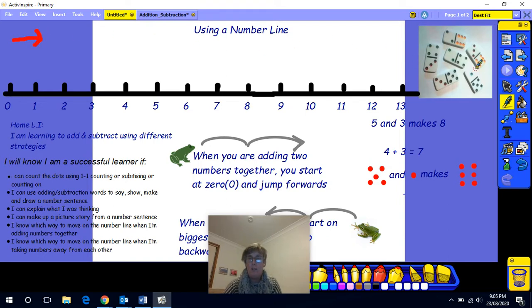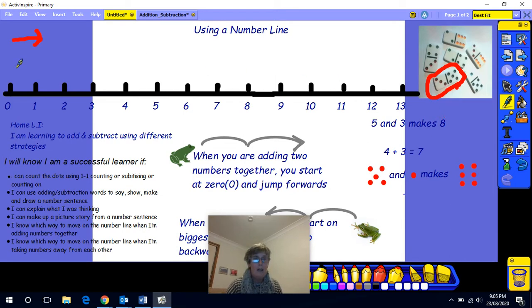I've used these dominoes over here again to help come up with our number sentences. And I have written our number sentences in 3 different ways because we have learned about all these different ways to make number sentences over the last few weeks. So we're going to use this domino here to start with, the domino with 5 dots on one side and 3 on the other side. So 5 and 3 makes 8. We're going to see if that number sentence is correct.